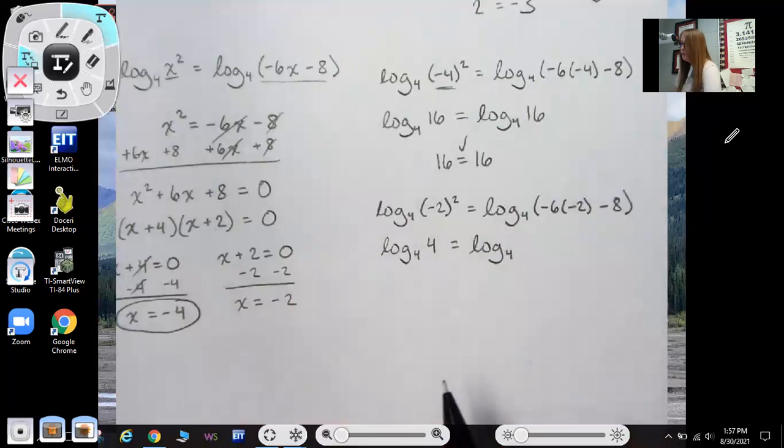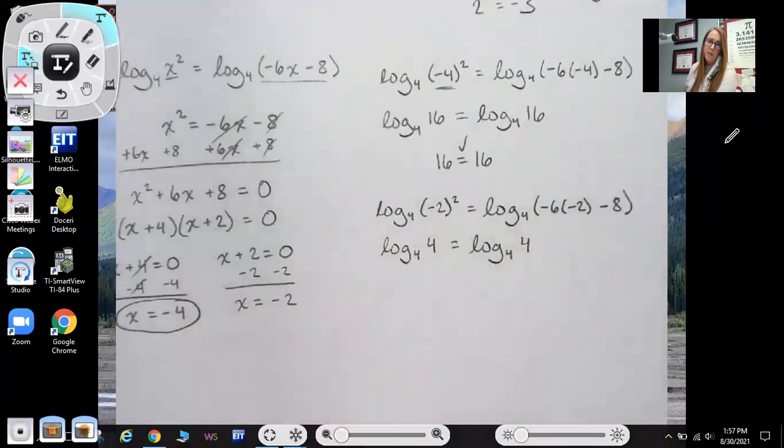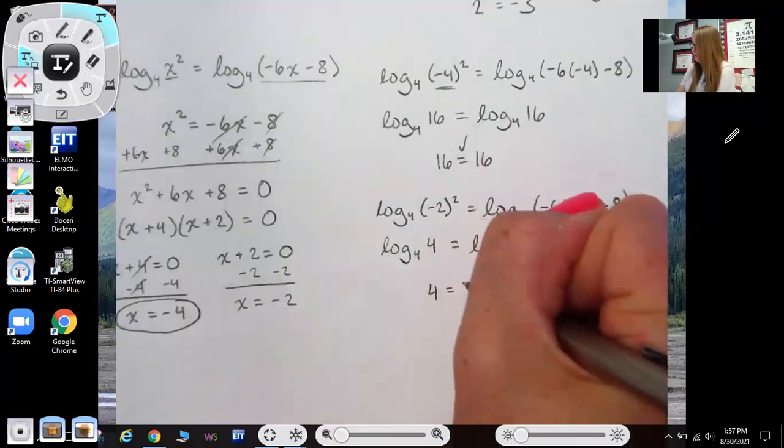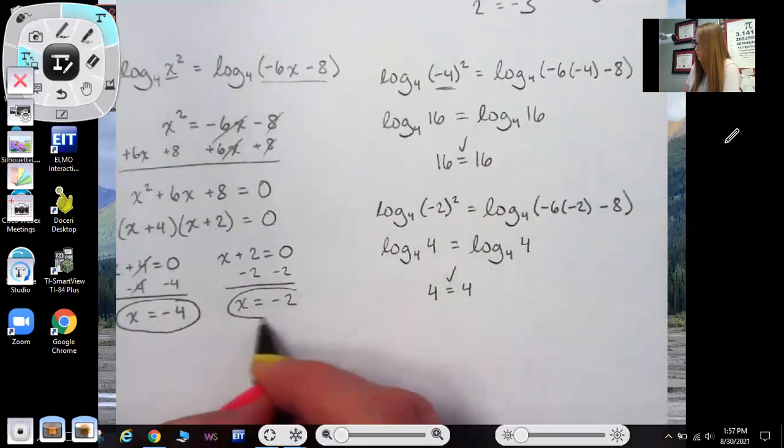Negative 6 times negative 2 is a positive 12. Minus 8 is a positive 4. So we didn't end up with a negative on this one either. 4 equals 4, that works out. So x equals negative 2 is also a solution.